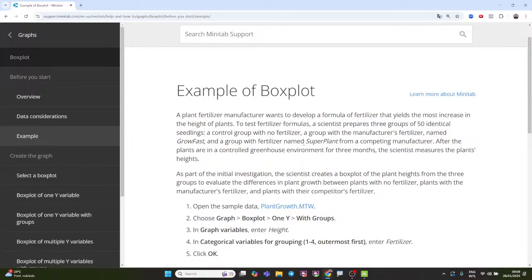With no fertilizer, a group with manufacturer's fertilizer named Grow Fast, and a group with fertilizer named Superplant from competing manufacturer. After the plants are in controlled greenhouse environment for 3 months, the scientist measures the plant's heights. Okay, so we have pretty much 3 groups.